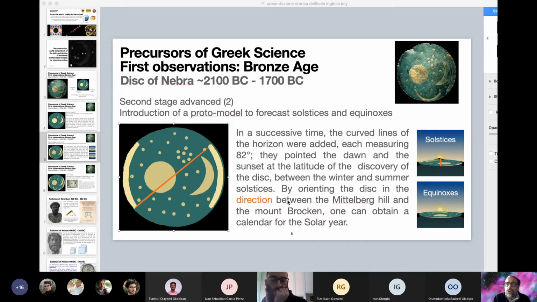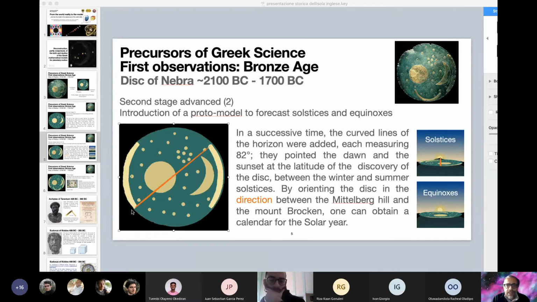Okay, so the orientation of this disk was allowing this civilization to forecast in which period of the year you are, because you check where in this angle the sun is rising.